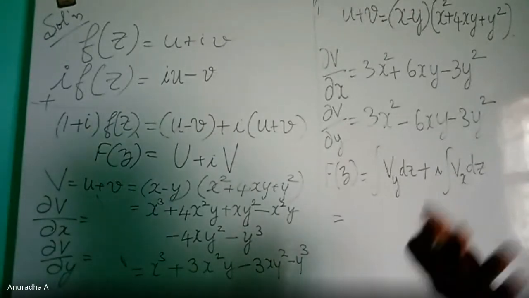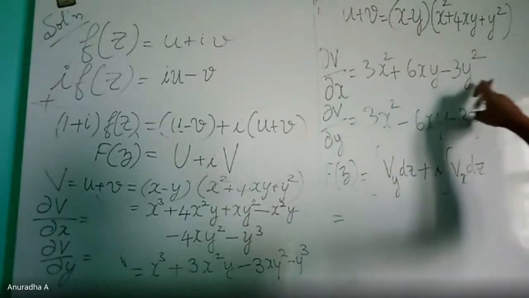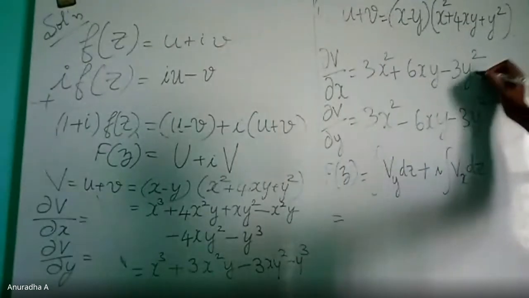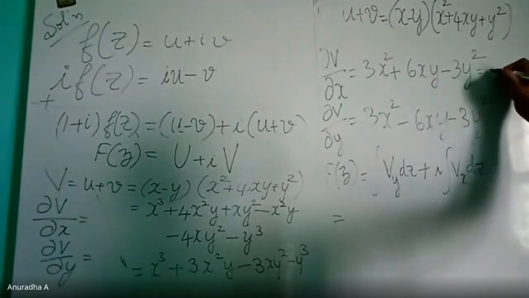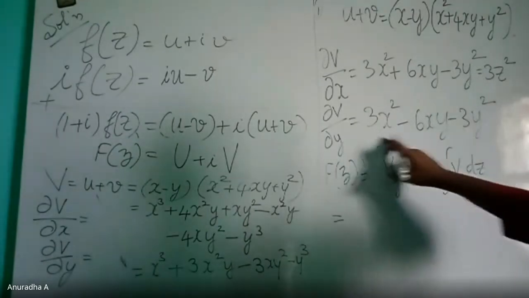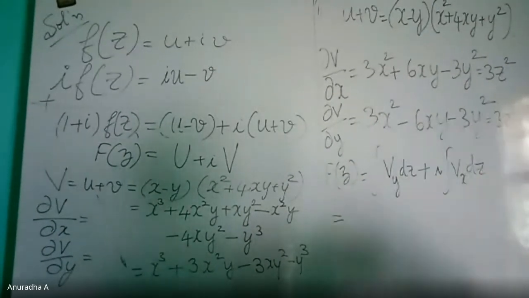Oh yeah, one step I forgot. What we have to do after this step? We have to write wherever x is there z, and wherever y is there 0. So this will become 3z square, 0 0 cancel, and this will become 3z square, 0 0.